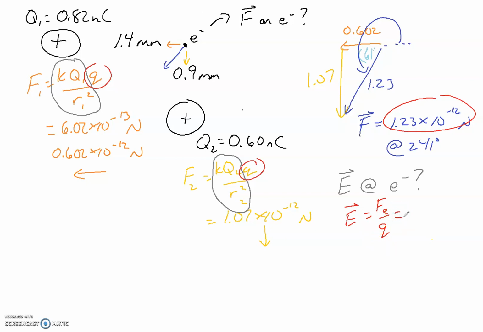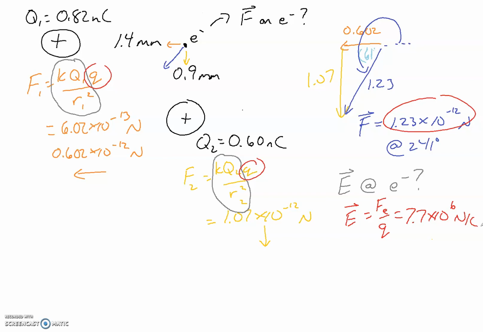So if we take that 1.23 to the power of negative 12 and we divide it by the charge of an electron, we will get around 7.7 times 10 to the 6 newtons per coulomb, and that is the electric field at that location. So once you have the force on a charge, it's really easy to find the electric field. You just got to divide the Q out of the equation, and you've got it.